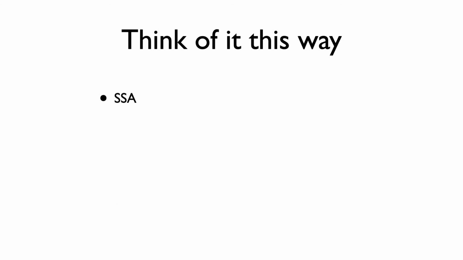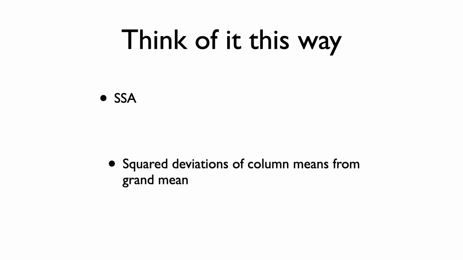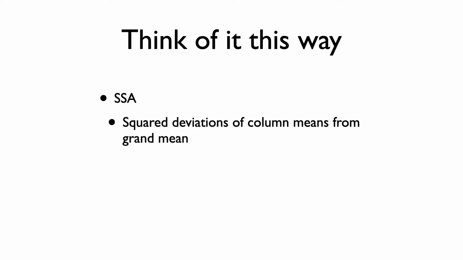So let's think about what these different terms mean. The sum of squares for A is the sum of the squared deviations from the grand mean that happen because you're in group A1, group A2, group A3, whatever. They're basically treatment effects.